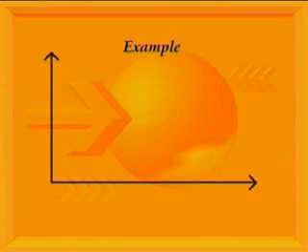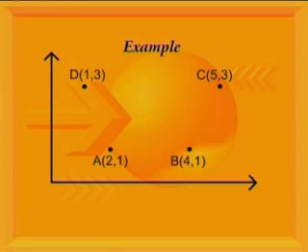Here are the points. We name them A, whose coordinates are (2, 1), B, whose coordinates are (4, 1), C, whose coordinates are (5, 3), and D, whose coordinates are (1, 3).